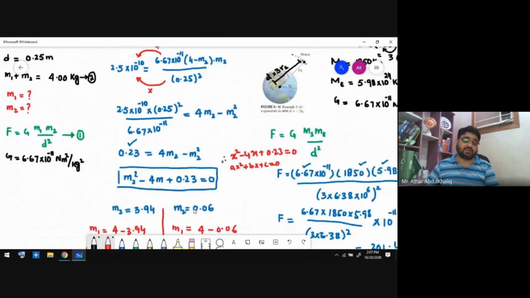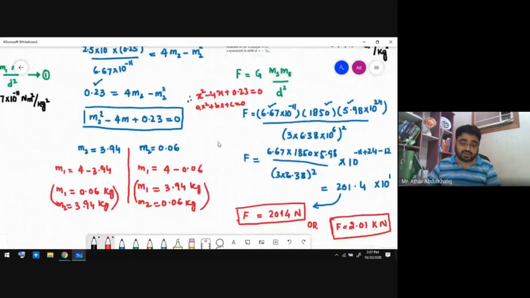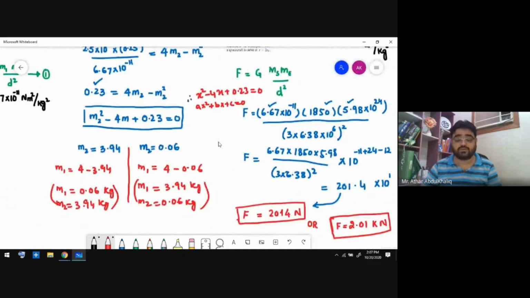I got a quadratic equation. For solving the quadratic equation, I know you guys are very good in mathematics, but still I am going to use mode 5, then 3.